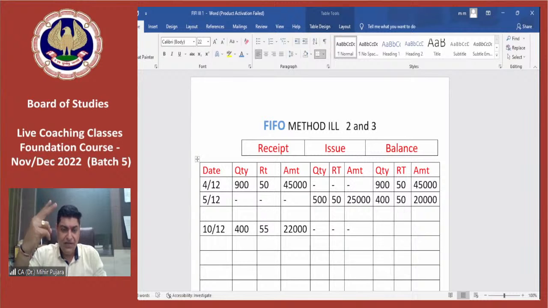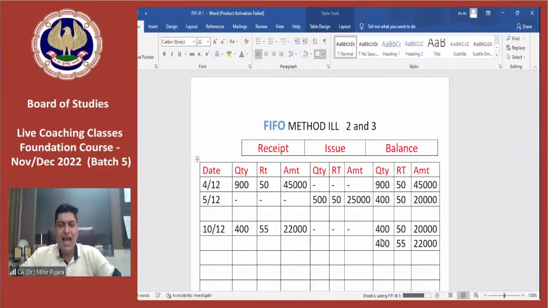Sir, these 450 I have available, so I will copy paste the same. And this new lot I have purchased. So now I have two lots: 450 which I purchased at 50 and the remaining 450 which I purchased at 55.